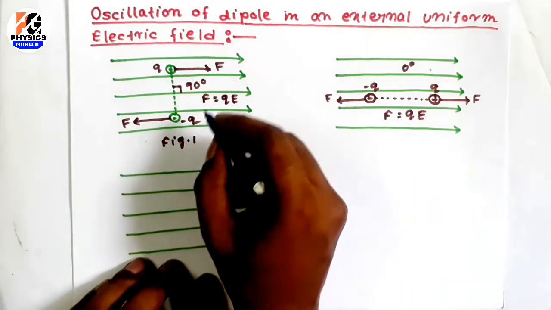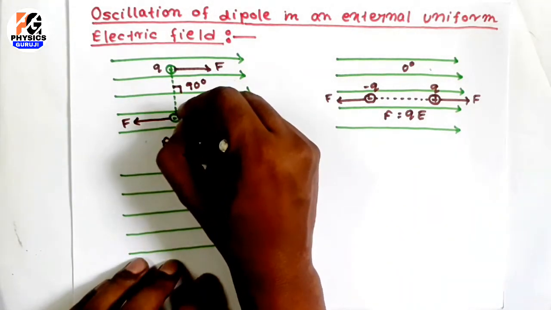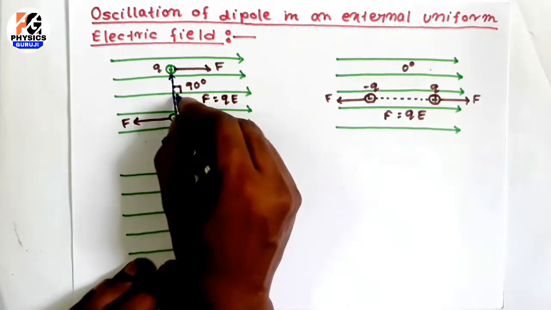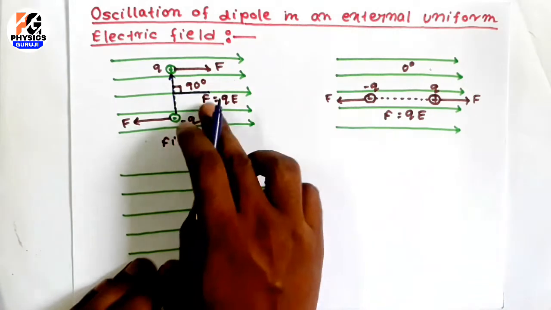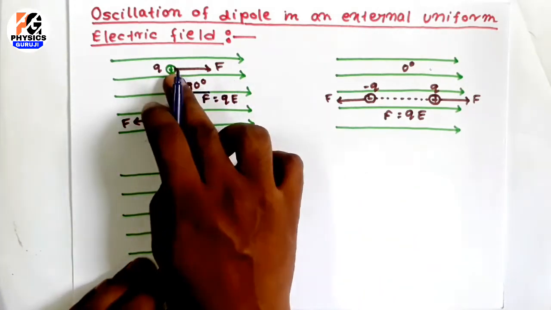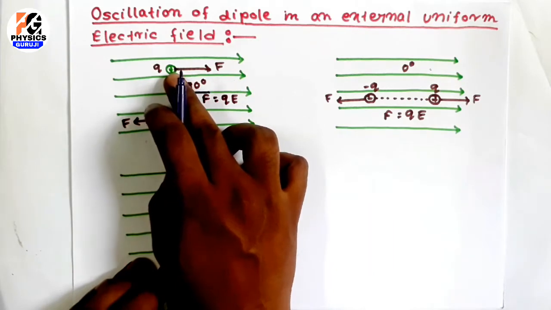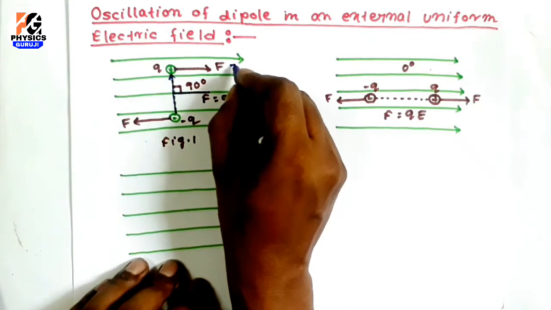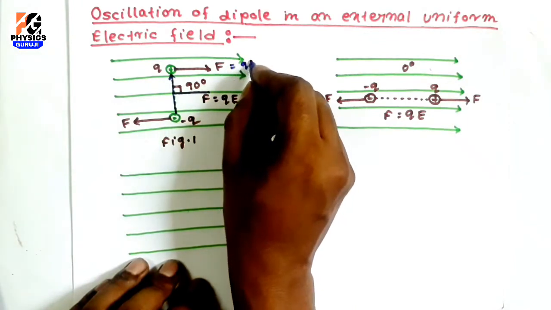The angle between the dipole moment, in this direction, and the electric field, in this direction, is perpendicular, that is 90 degrees. The force on the positive charge plus Q is in the direction of the applied field, F equal to QE.